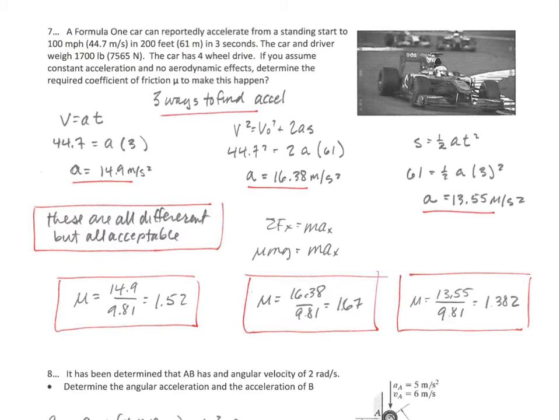We are simplifying this problem to say that it's constant acceleration, but it is possible to get these numbers, 44 meters per second, 61 meters in 3 seconds, to have those all be the same, but that would mean that the car wasn't exactly going in constant acceleration. But what we're doing is simplifying this thing, so I will accept any one of those acceleration answers.